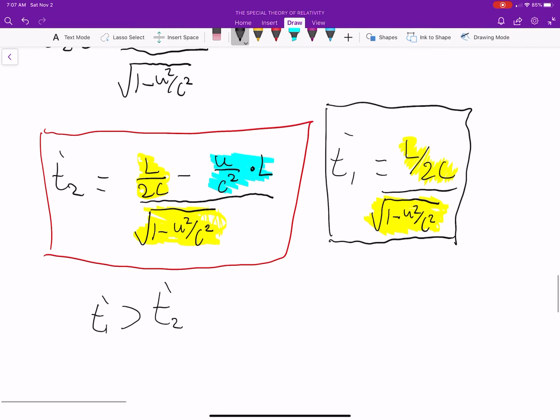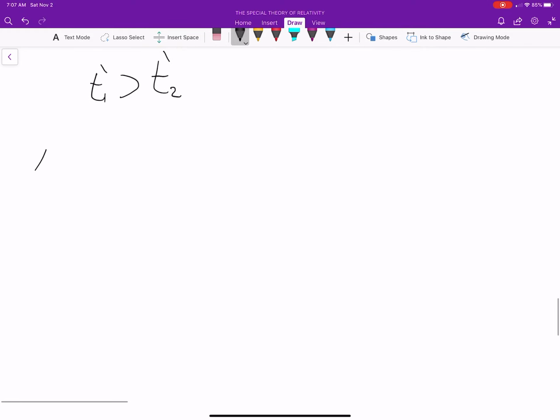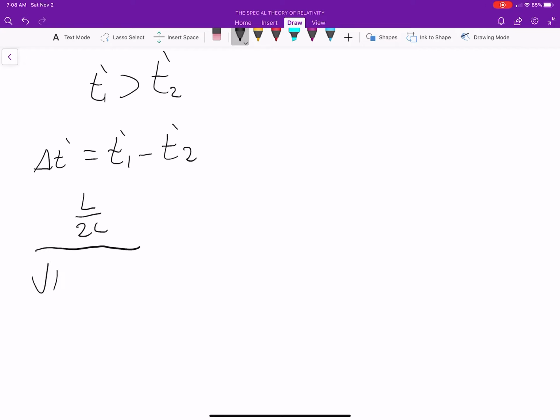And in fact, we can find delta t prime, because that's just going to be t prime 1, our bigger number, minus t prime 2, our smaller number. Or L over 2c divided by the square root of 1 minus u squared over c squared, minus L over 2c minus uL over c squared, over the square root of 1 minus u squared over c squared.